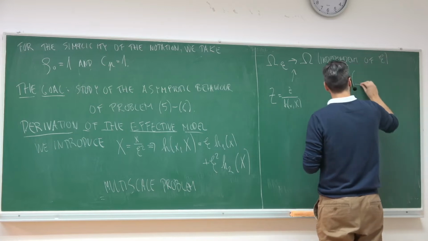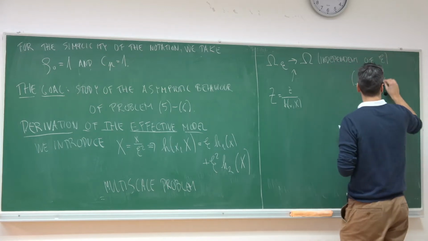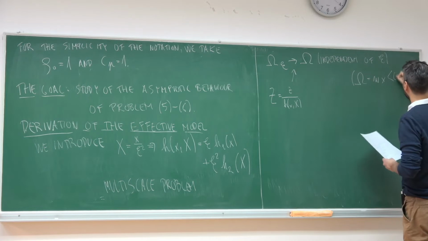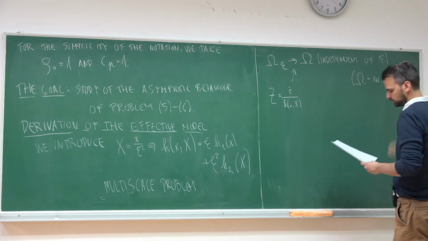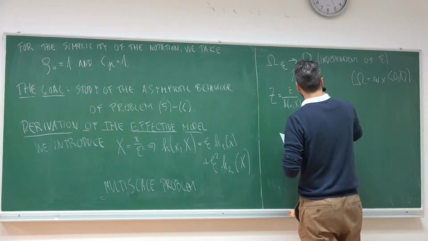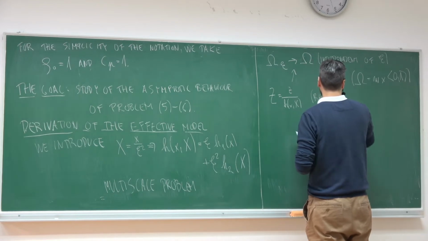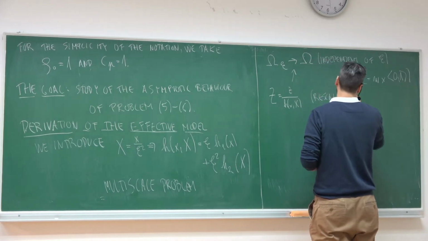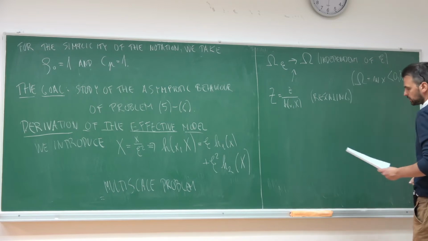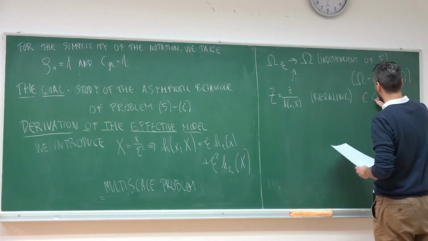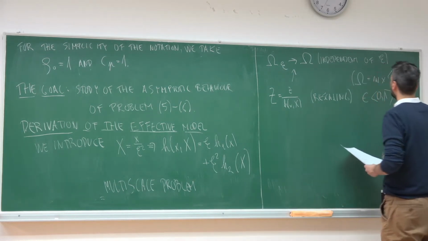of epsilon. So omega is v times (0, 1). So here we use the appropriate rescaling and obtain, of course, that z is from 0 to 1.